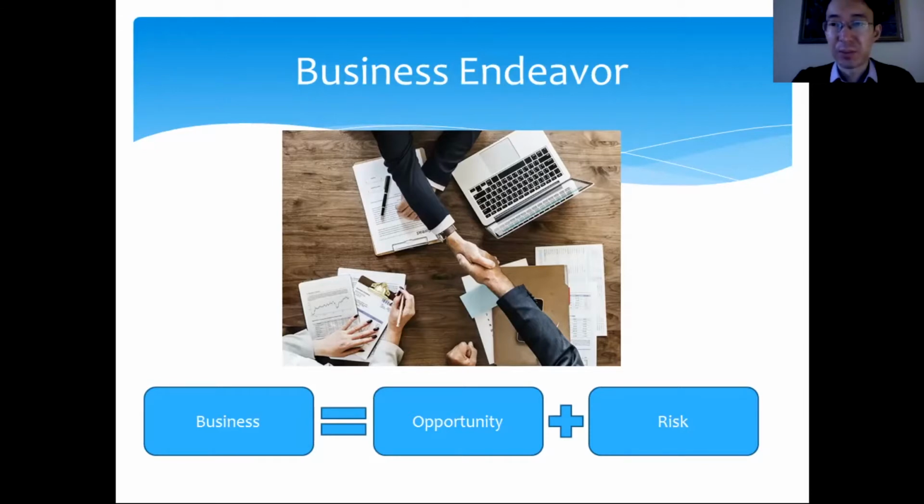We do all these things in the context of limited resources, so we have to take one resource and allocate it somewhere. We have factors of production, and all these things require us to make decisions that, of course, have some level of risk inside. So business is always about opportunity and risk.